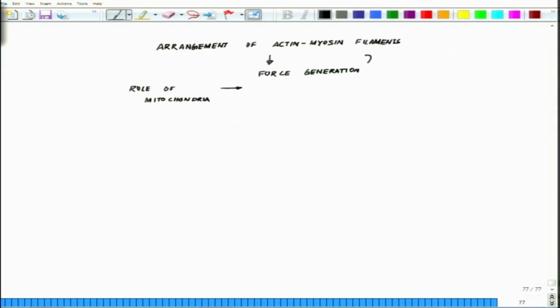This force generation will be governed by two basic biological processes: the sliding filament theory and the excitation contraction coupling apparatus.